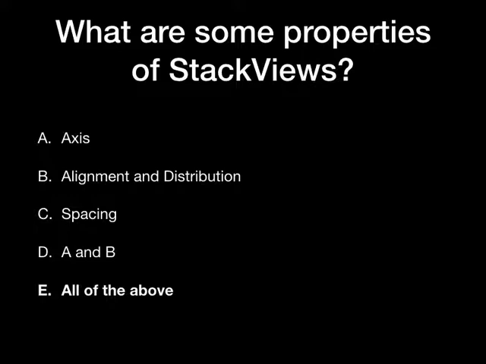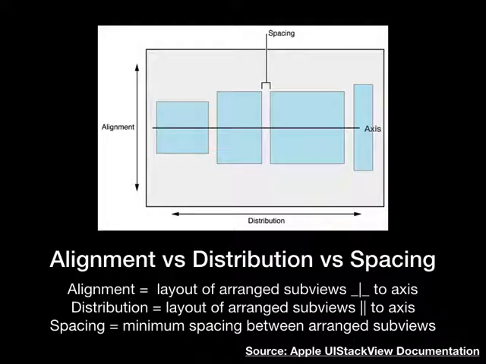These are not obviously all the properties of the stack views, but these are definitely the most important when it comes to arranging your views using a stack view. So basically the gist of alignment versus distribution versus spacing. These are the main properties of the stack view, not including axis, which obviously directs how your stack view is oriented.